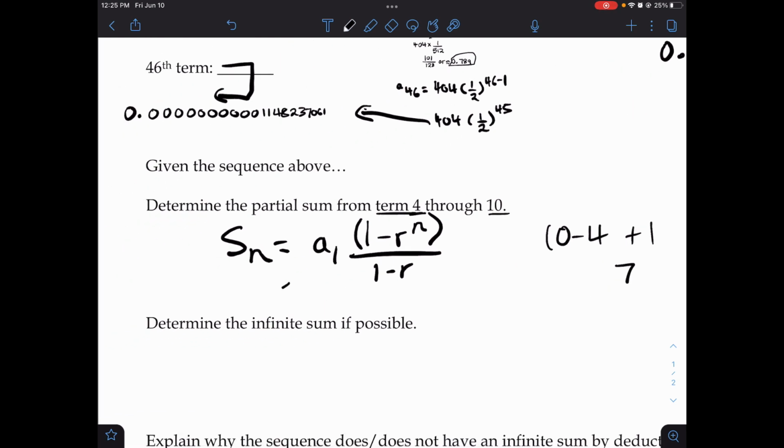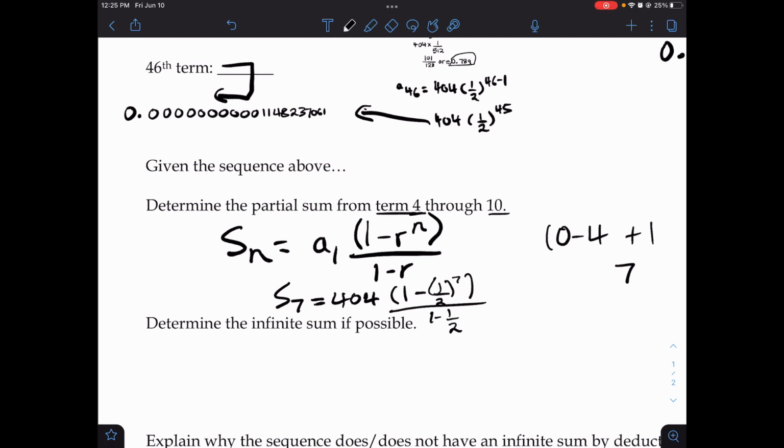So S sub 7 is equal to a sub 1, which is 404, times 1 minus r, which is 1/2, raised to the power of 7, all over 1 minus 1/2. Okay, so let me just plug that into my calculator.